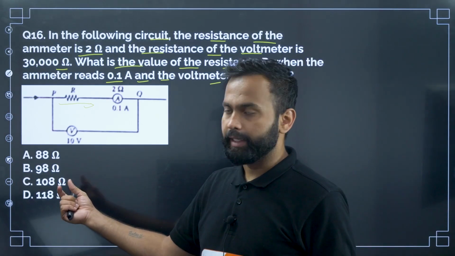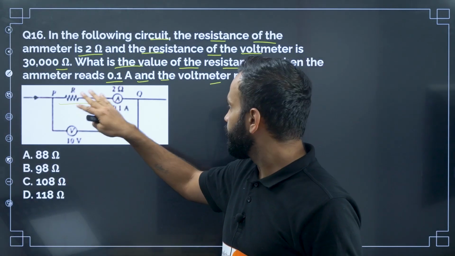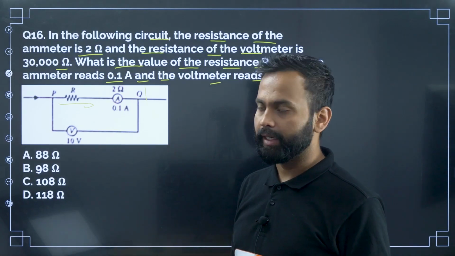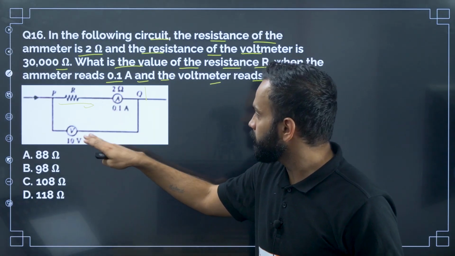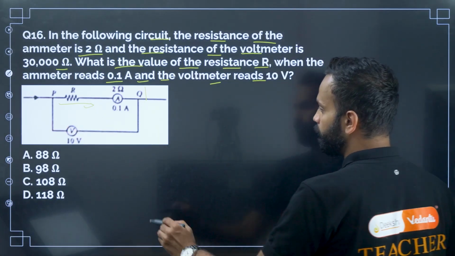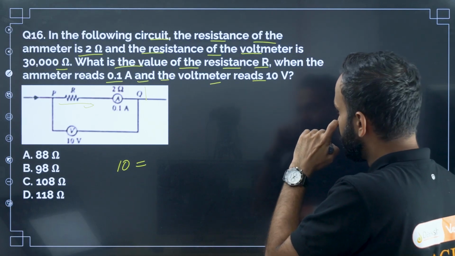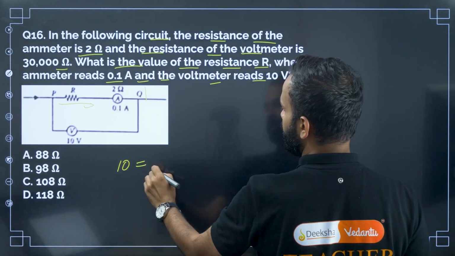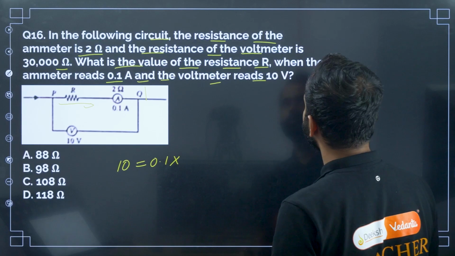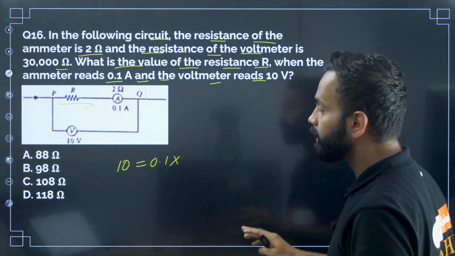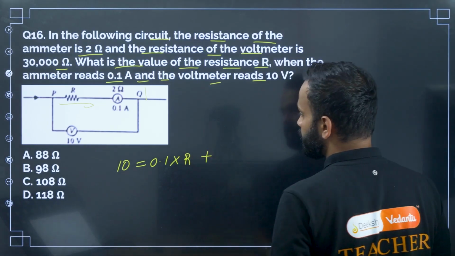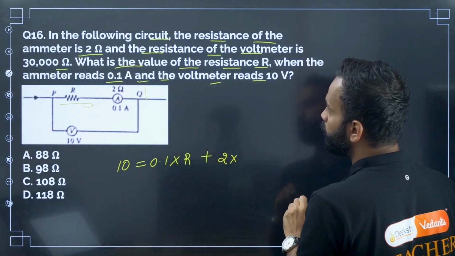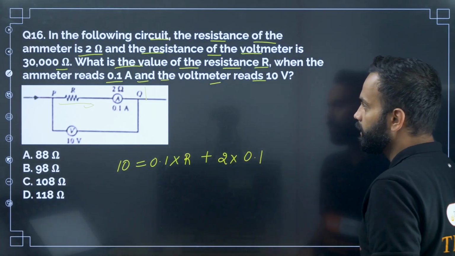Here the voltmeter reads 10 volt, so the potential difference across R plus the potential difference across the ammeter must be equal to 10 volt, because the voltmeter is connected in parallel with R and A. So 10 volt is equal to I into R, that is 0.1 into R, plus the resistance of the ammeter, 2 ohm, into 0.1 ampere.